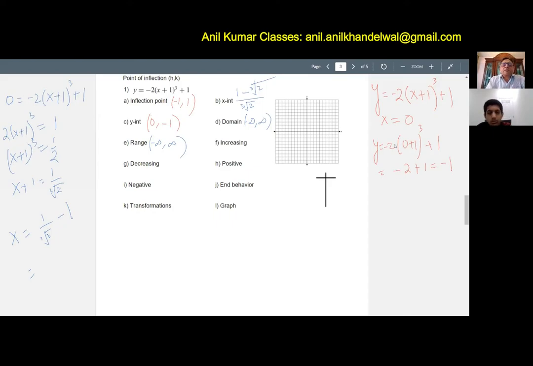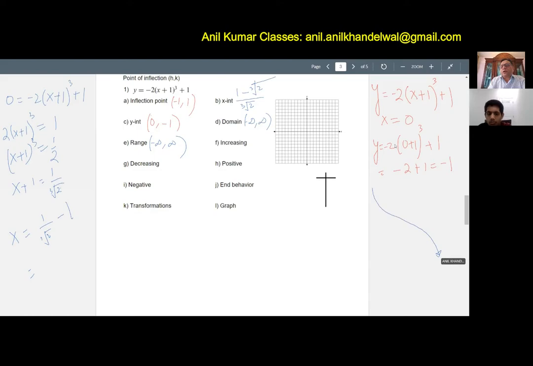The cubic functions will be either one. In this case, because you see, if you look at the cubic function, minus 2 means it is going downwards, right? So the graph of this function is kind of like this. You understand?